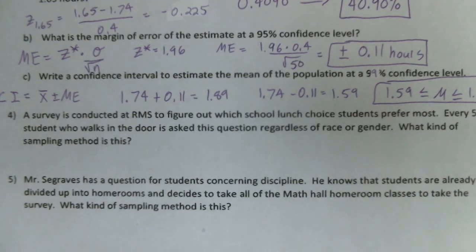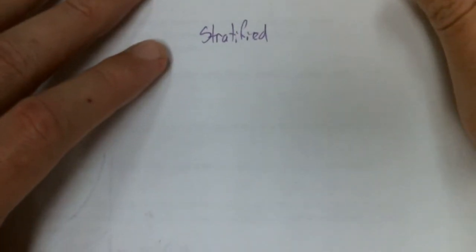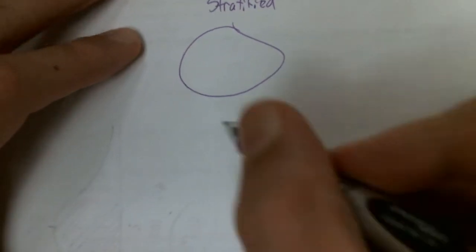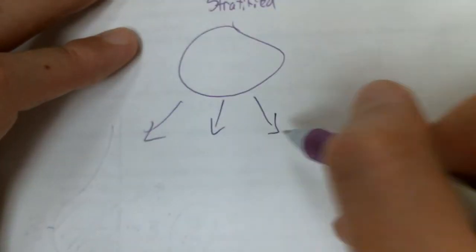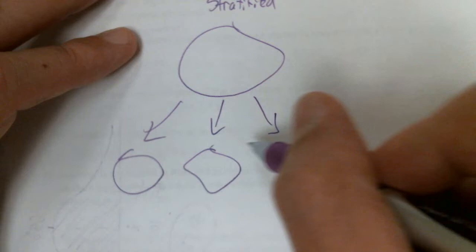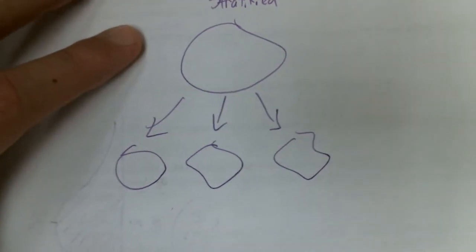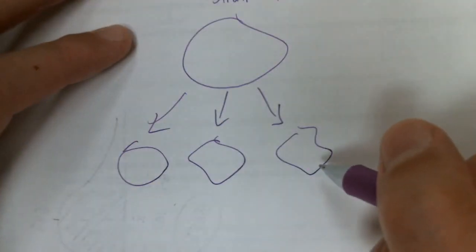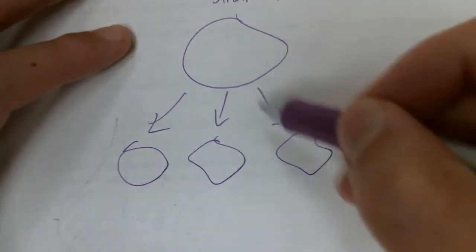Stratified and cluster. I find that students sometimes get those confused, so let me explain. Stratified is where you've got a big group of people, and you divide that big group into smaller groups based on some characteristic.